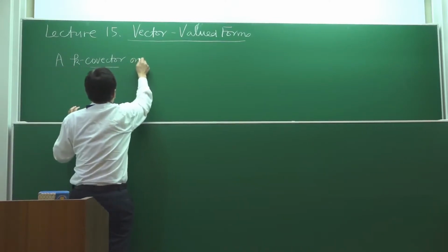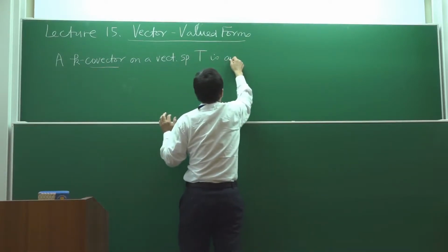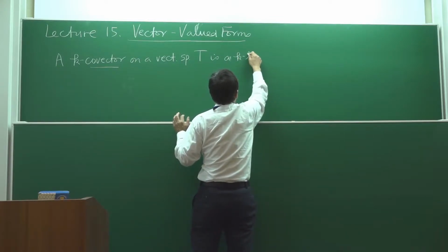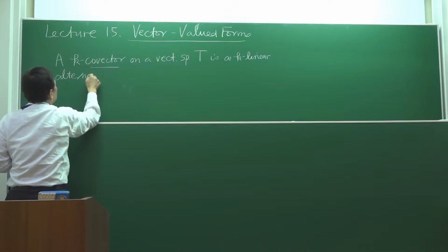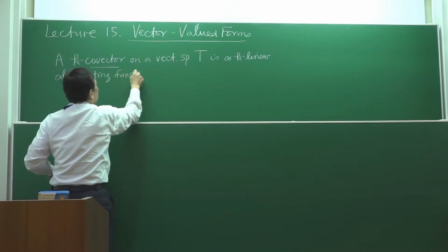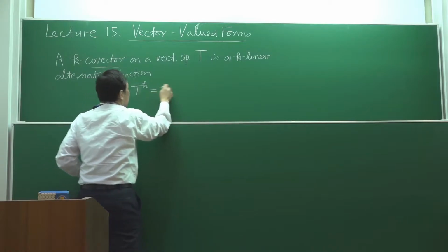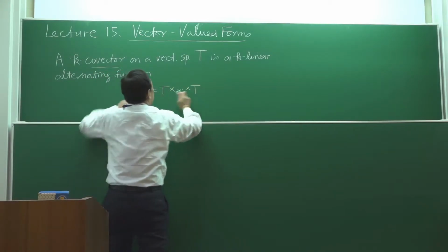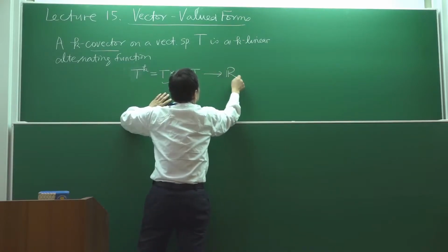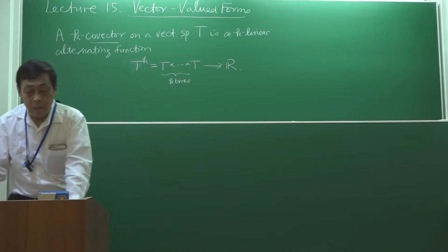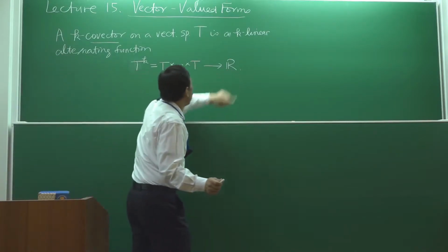Now, a k covector on a vector space T is a k linear alternating function from T^k, which is T times ... times T, to R. That's a k covector, and we can now generalize it to a vector valued k covector.